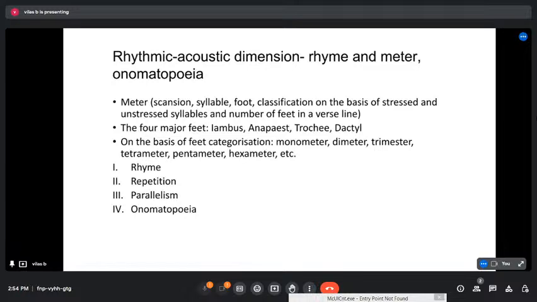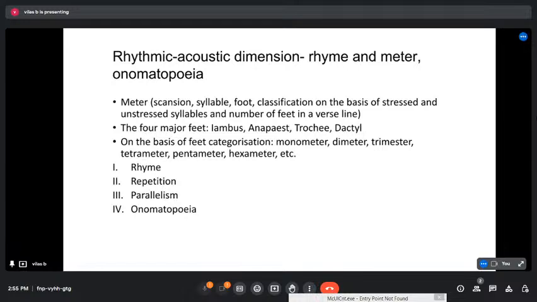Vowels are classified in different manners: high vowel, low vowel, then front, middle, back, and so on, by height of the tongue. That classification is a different matter. My point is syllable. Syllable is the minimum unit for scansion, to find out feet.